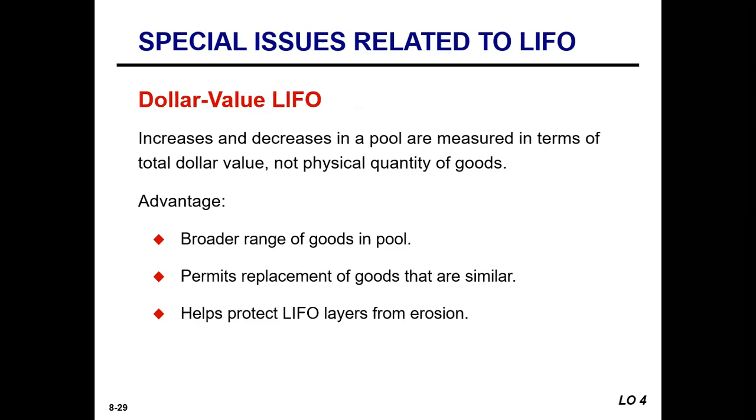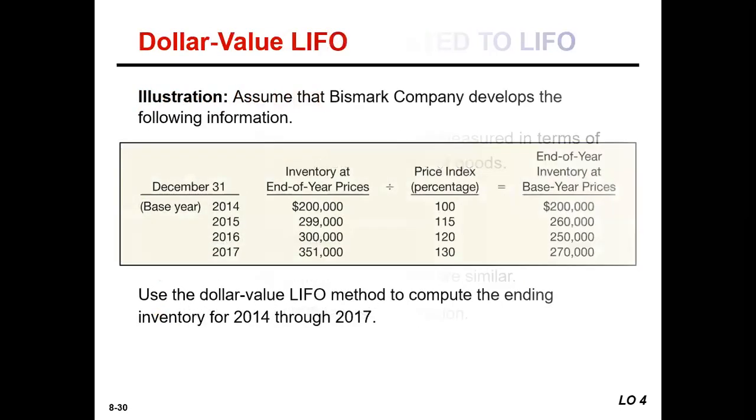And then also being able to do it this way permits replacement of goods that are similar items, similar in use or interchangeable, as opposed to having to have an exact similar unit for replacement in the pool. So this helps to protect the LIFO layers from the liquidation or the erosion that they talk about.